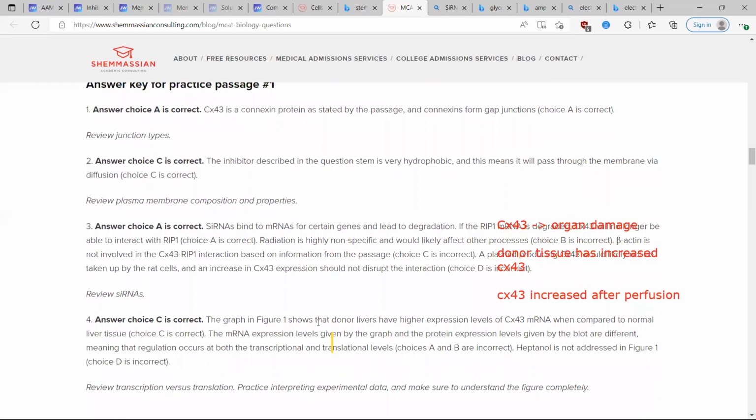The graph in figure 1 shows that donor livers have higher expression levels of CX43 mRNA when compared to normal liver tissue. The mRNA expression levels given by the graph and the protein expression levels given by the blot are different, meaning that regulation occurs at both the transcriptional and translational levels. Oh, okay. And then heptanol is not addressed in figure 1, like we said.